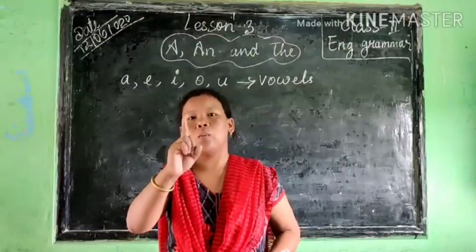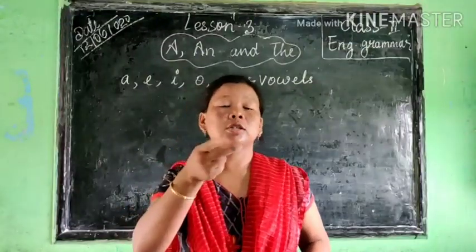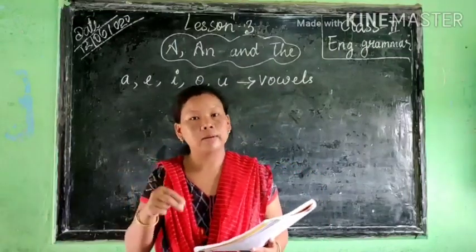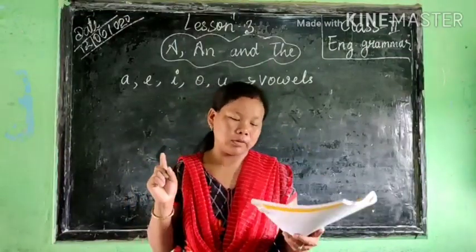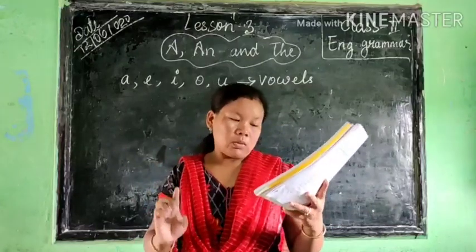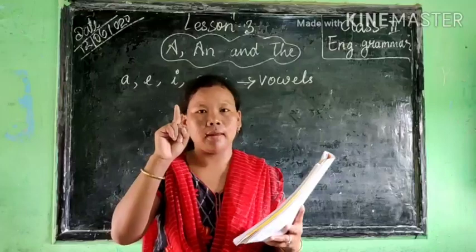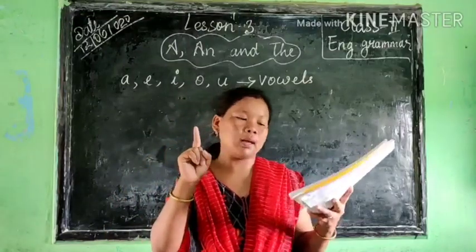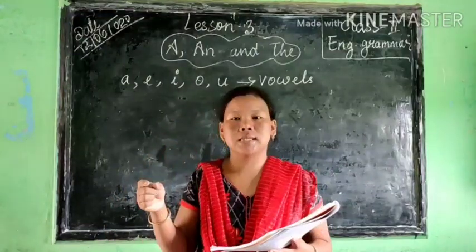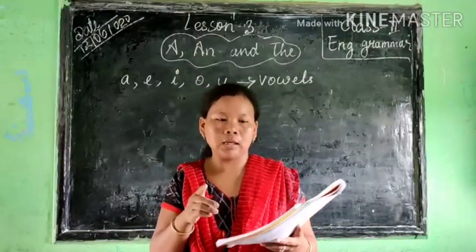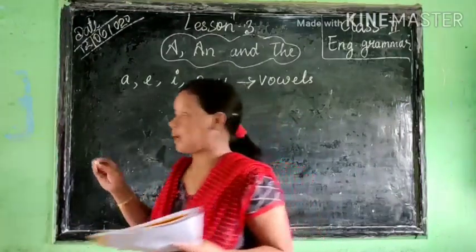Yes, if it is one it is singular, if it is more than one then it is plural, right? We have learned that in the previous chapter. So now if it is a singular noun, अगर वो consonant sound में है, ठीक है, तो उसमें हम लोग a यूज करते हैं. Understood?